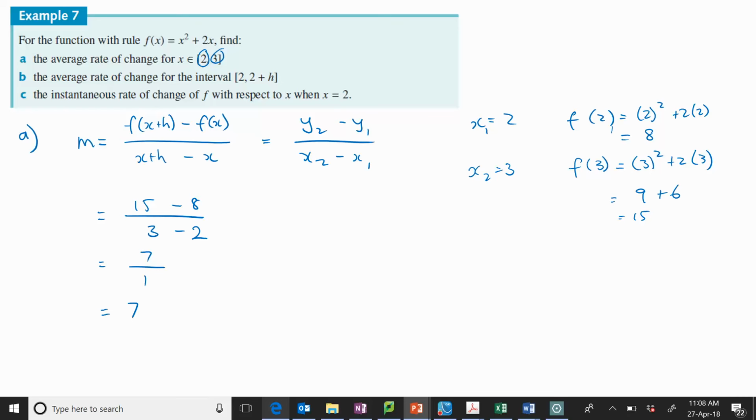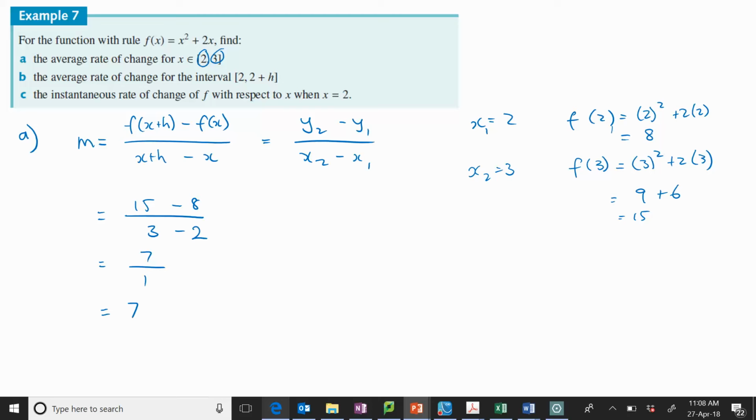The only thing that's different over here is you get a parameter that you get 2 plus h in it. Okay, so it's kind of like your first principles. Your first principle is the same idea. Okay? But if you were to do instantaneous rate of change, that's just asking what is the gradient when x equals 2.